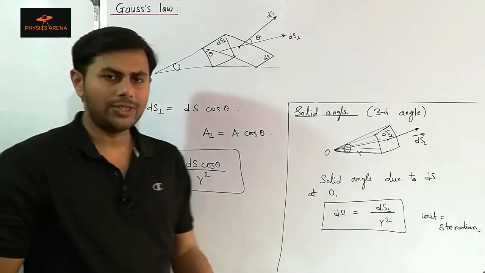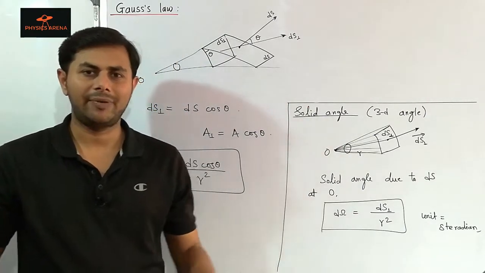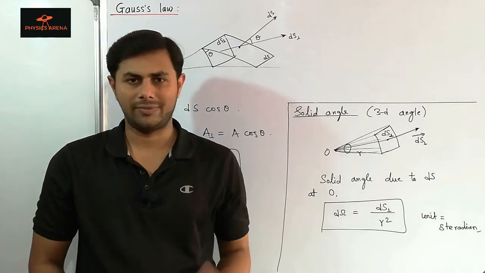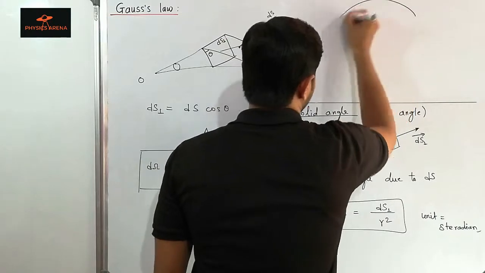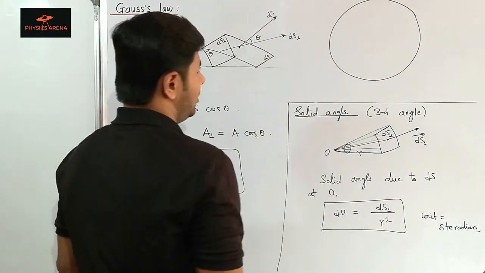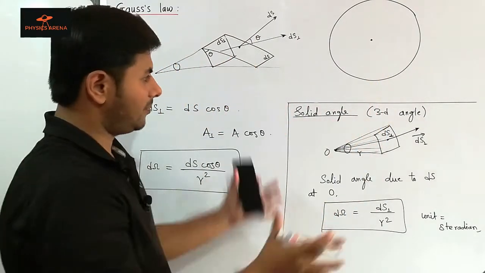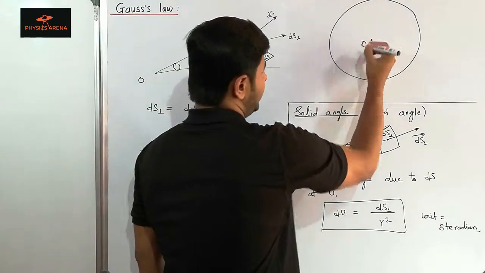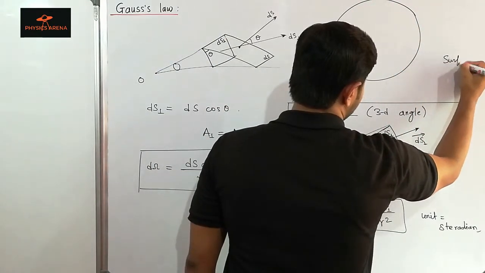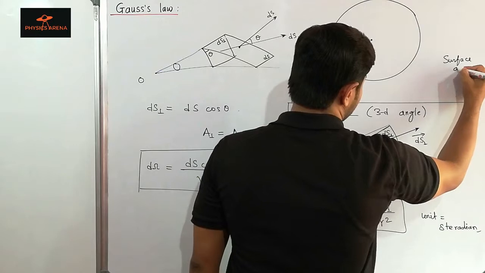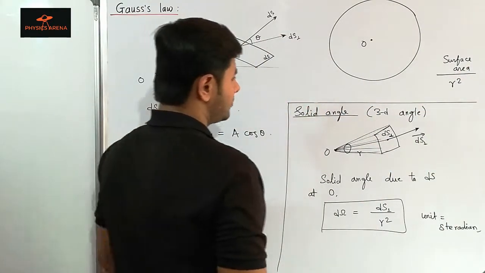Now the question is, what would be the maximum solid angle subtended by a closed surface at any point? For that, let's consider this sphere. We know that the solid angle subtended by a surface area at any point is equal to the surface area divided by r square.